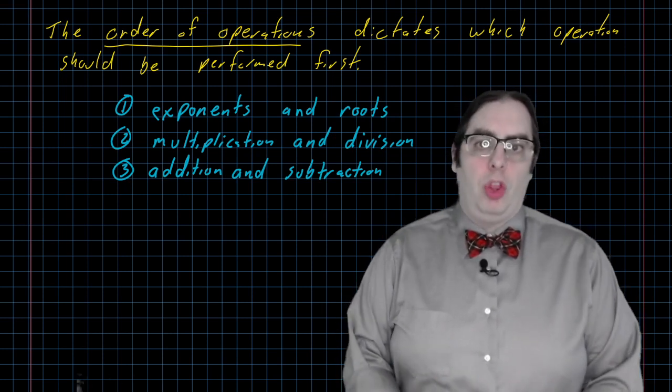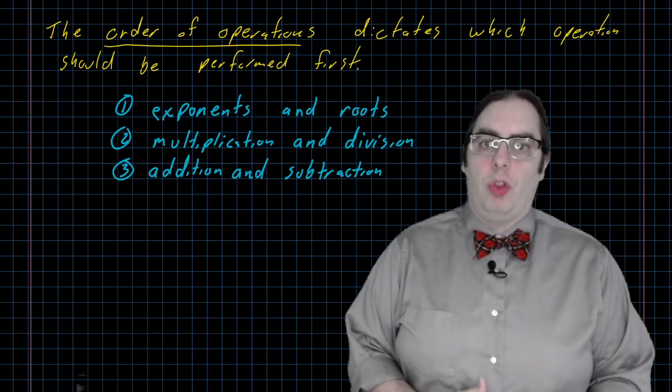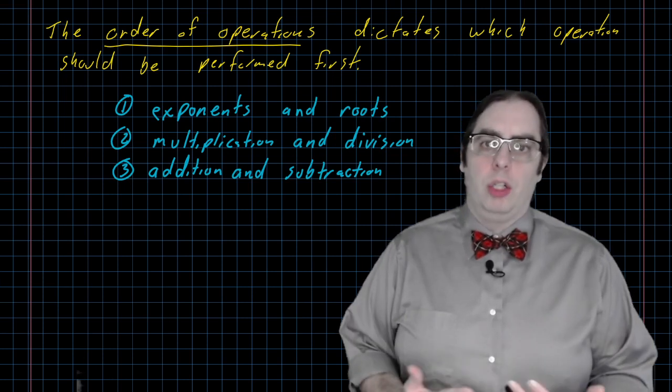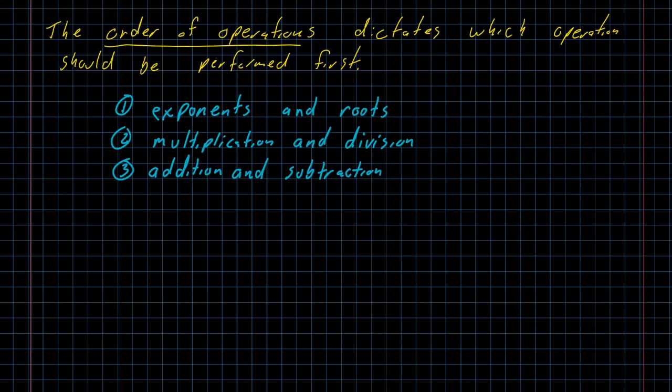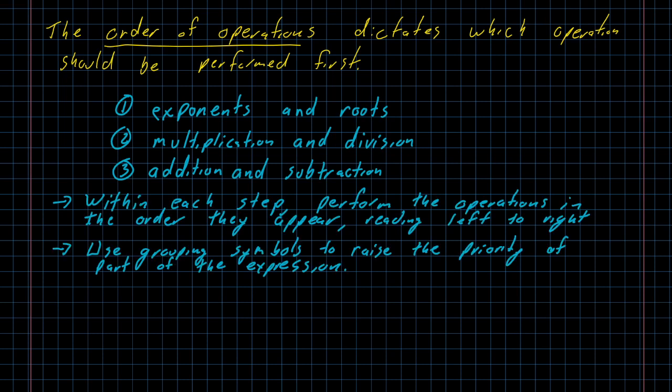Combining with these 3 steps, this 3-tiered hierarchy, are 2 other rules. First, within each step, perform the operations as they appear from left to right. And second, we use grouping symbols to raise the priority of a part of the expression.